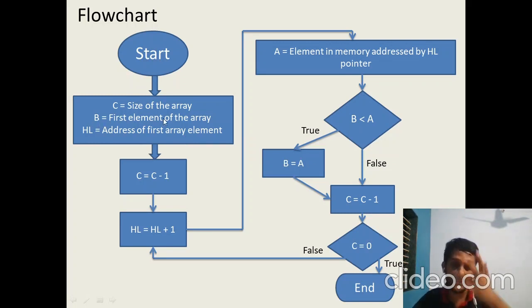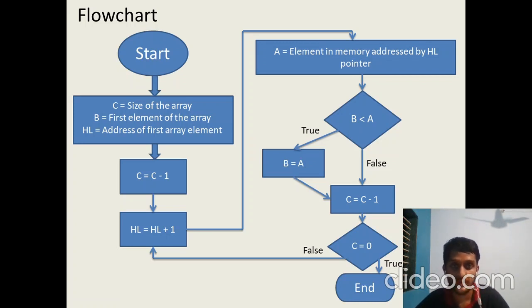Now that we have incorporated the first element, we would decrement our counter by 1, and then we would move on to the next element by incrementing the HL register pair. Now the memory will be pointing to the second array element, and we would move that second array element to the accumulator.